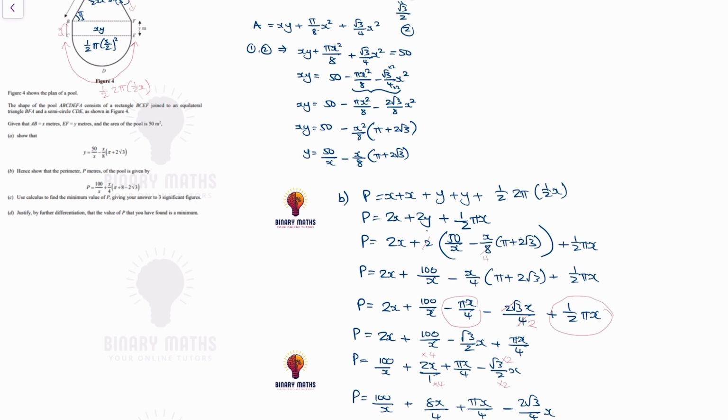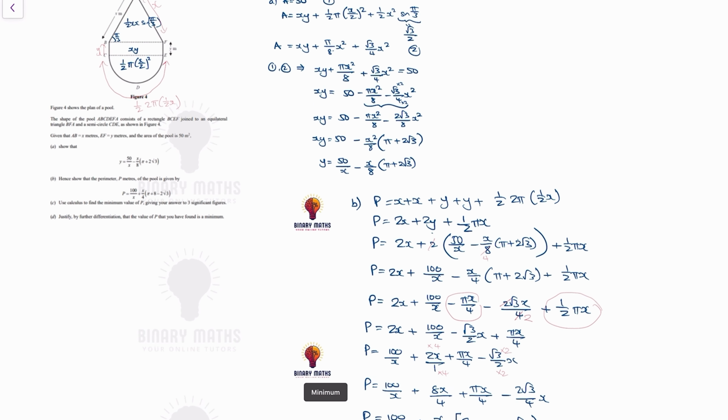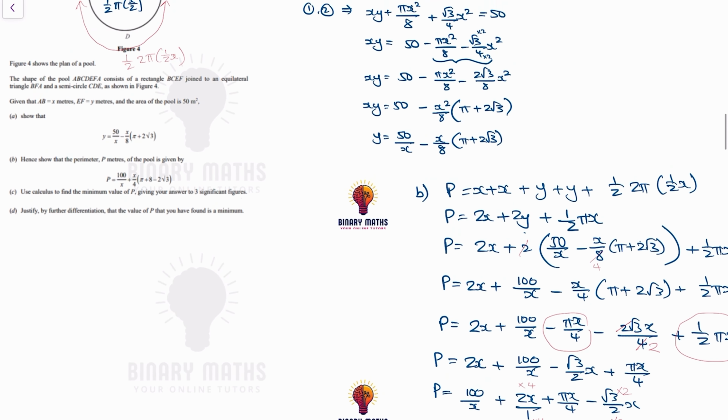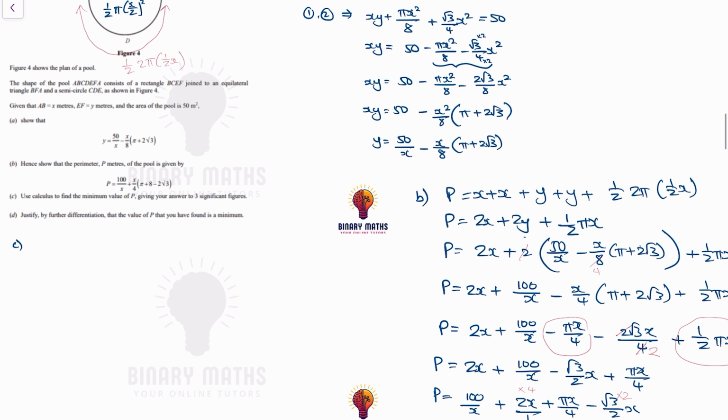Okay, so C. Let's do it here. So C is equal to dp dx. So this can be rewritten as 100x to the minus 1 plus a quarter x times pi plus 8 minus 2 root 3.